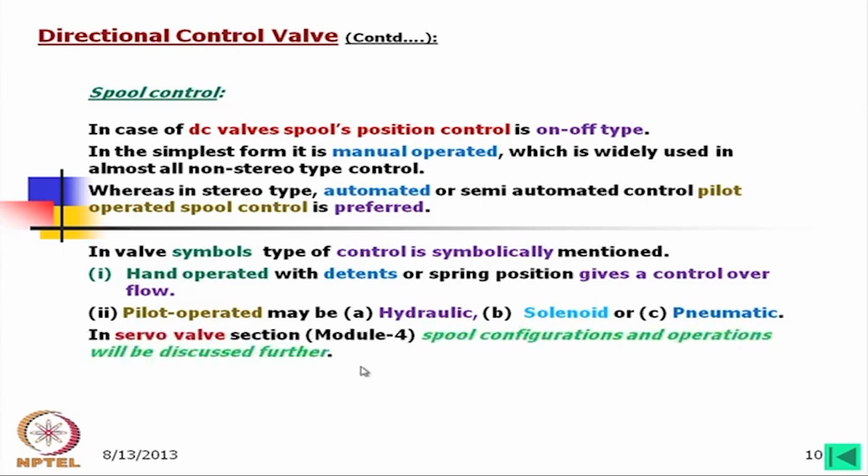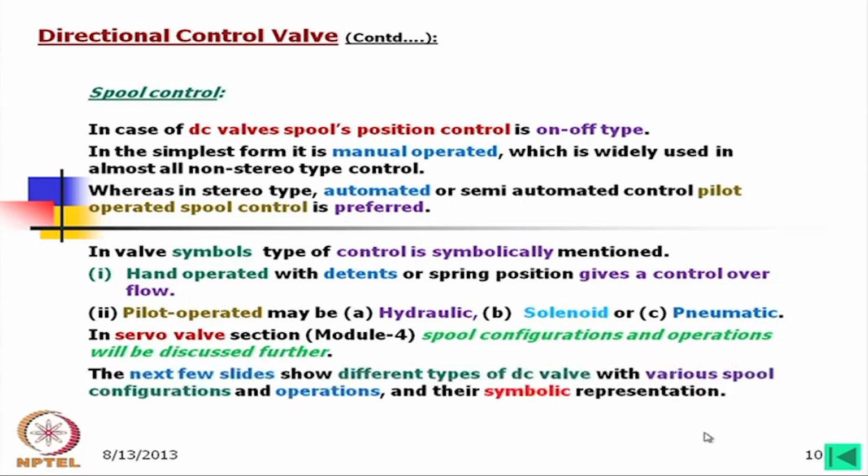In the servo valve section in module 4, spool configurations and operations will be discussed further. The next few slides show different types of DC valve with various spool configurations and operations and their symbolic representation.